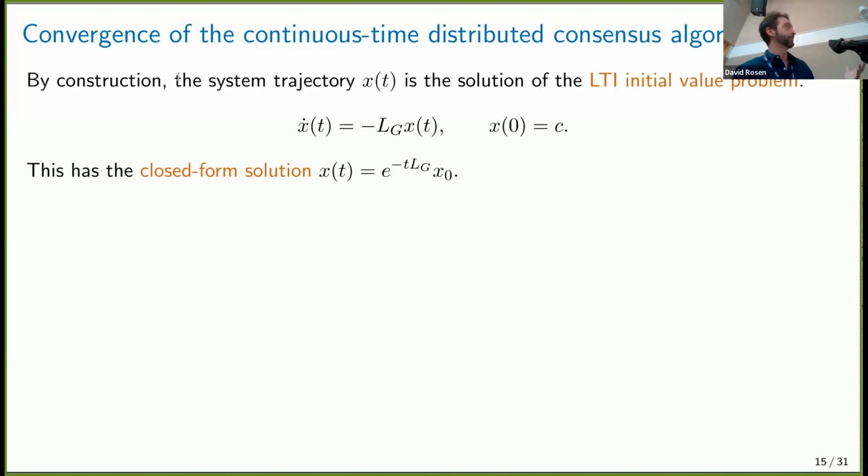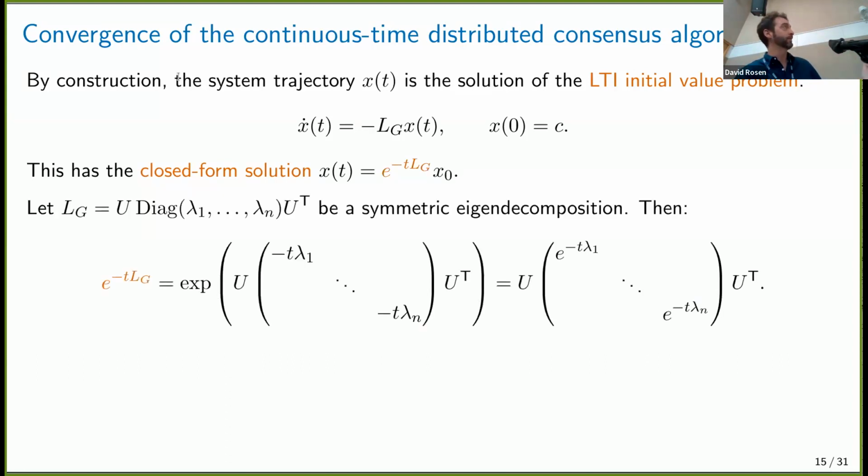For that graph, L_G. And because this matrix L_G is symmetric, we can say one thing better, which is that we can calculate this matrix exponential in terms of a symmetric eigendecomposition for the matrix L_G. So given L, I'm going to calculate its symmetric eigendecomposition.